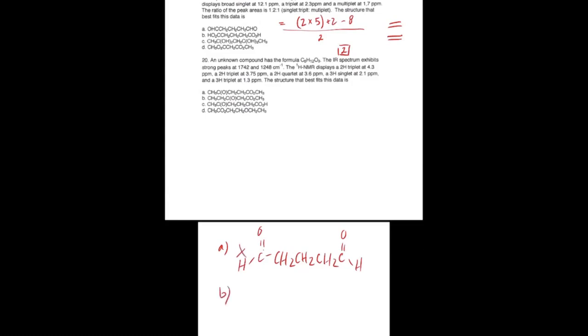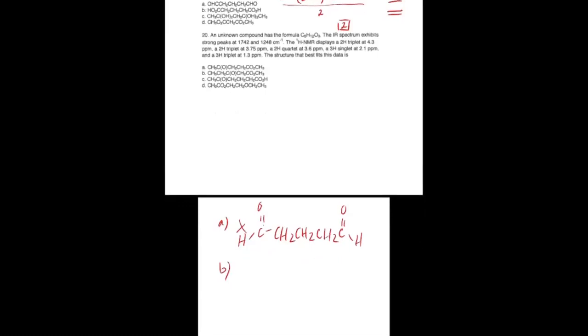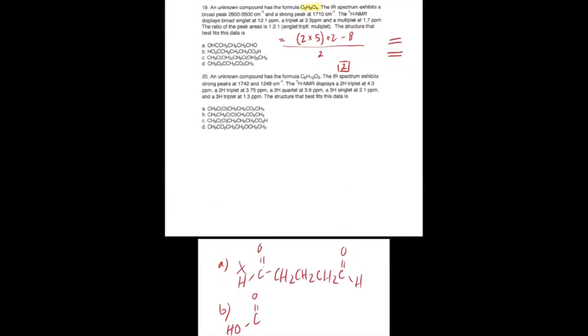And then let's go to B and see what we have. So we have what functional group at the very beginning there? A carboxylic acid. Yeah, we started off with a carboxylic acid, and there's going to be a specific region in the proton NMR that's going to confirm a carboxylic acid. It's going to be the furthest signal that we would see to the left, at the 12 region, 12 ppm pretty much.